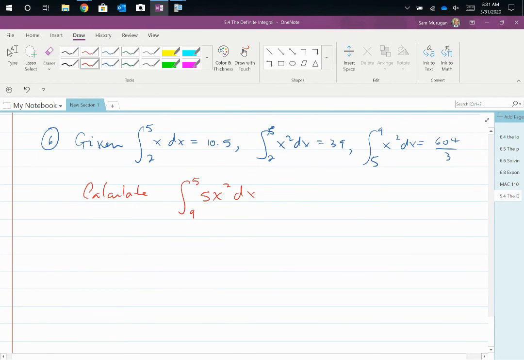So we're not given 5 to 9, but we're given 9 to 5. Okay, and we know that this is the negative of the integral from 9 to 5. We can put the 5 outside, right?